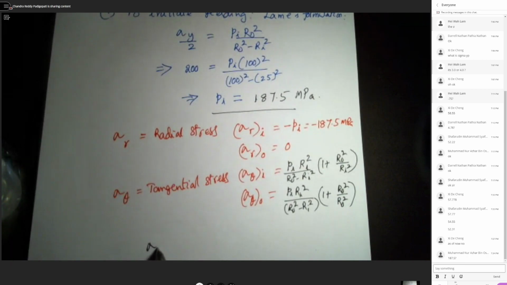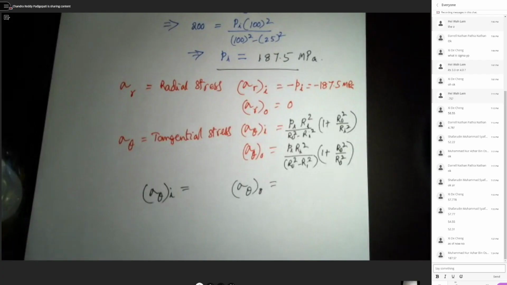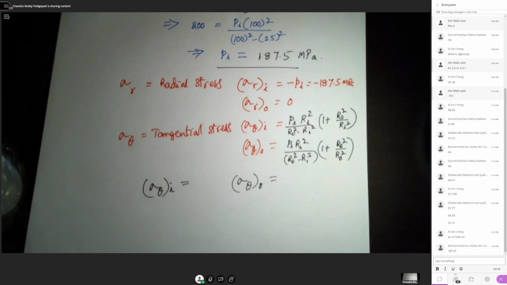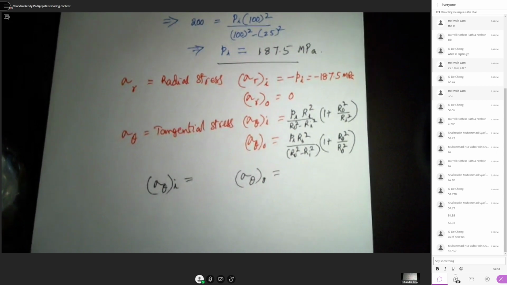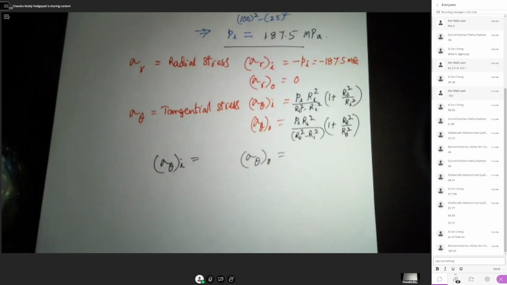So you can calculate now what will be sigma theta at the inner radius and sigma theta at the outer radius. Just let me know once you calculate.